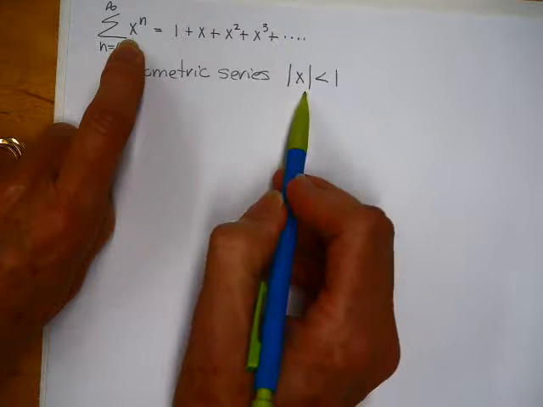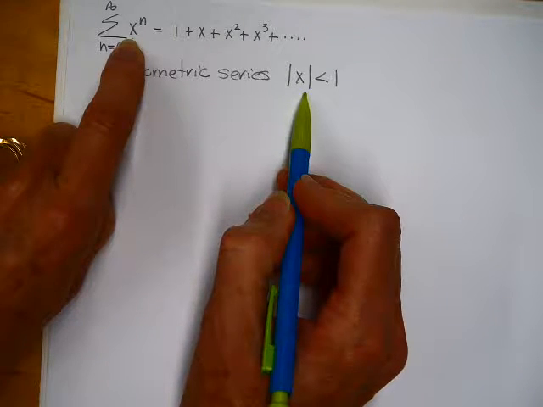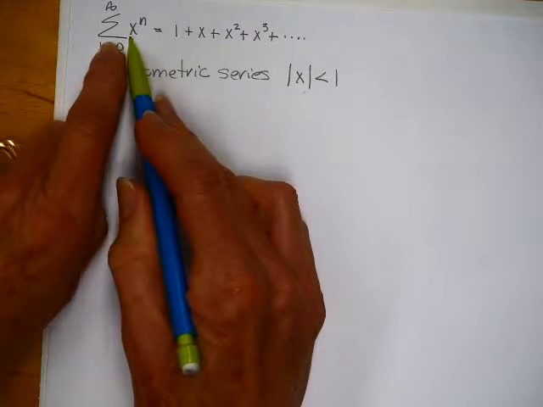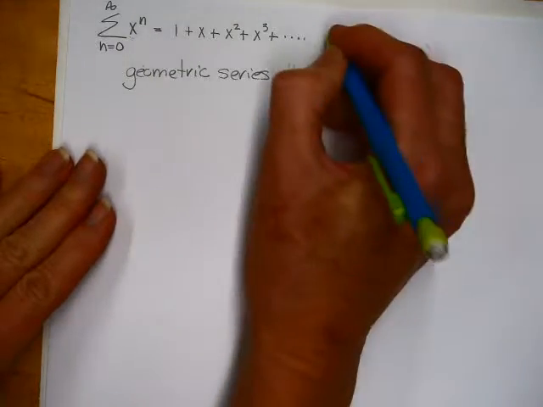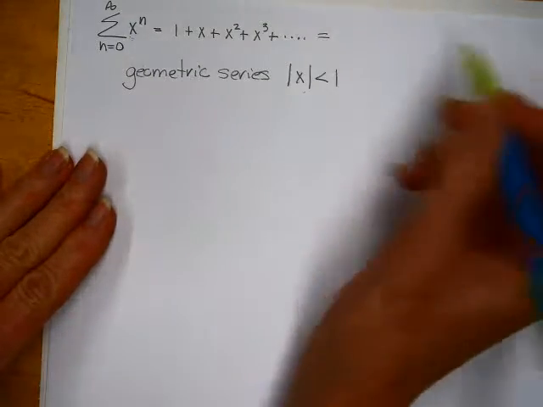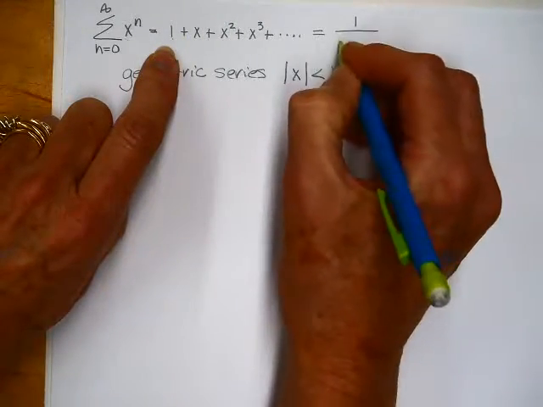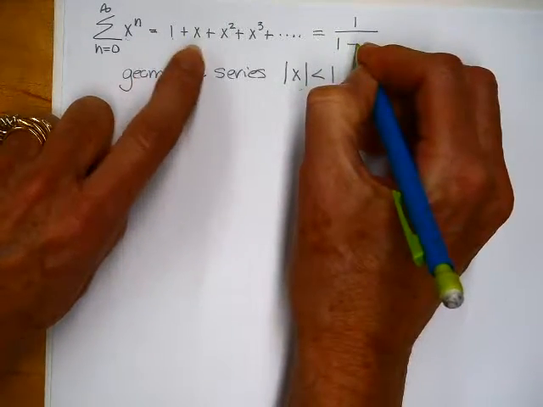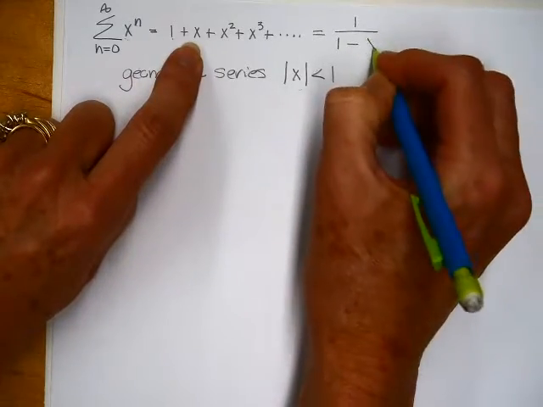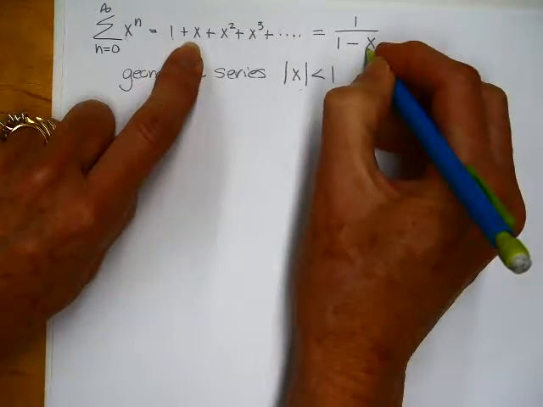So it will converge when that number is less than 1. And when this number is less than 1, it has a sum. And the sum can be calculated as the first term over 1 minus the common ratio, and the common ratio is whatever you let x be.